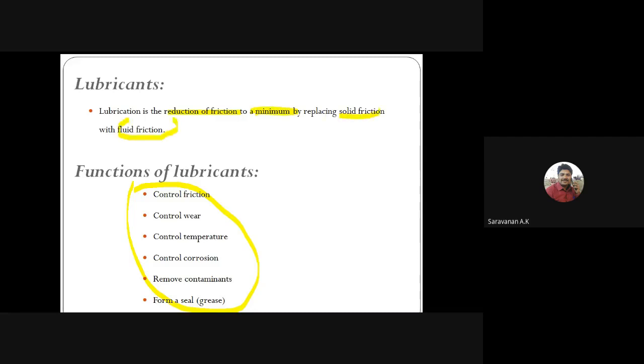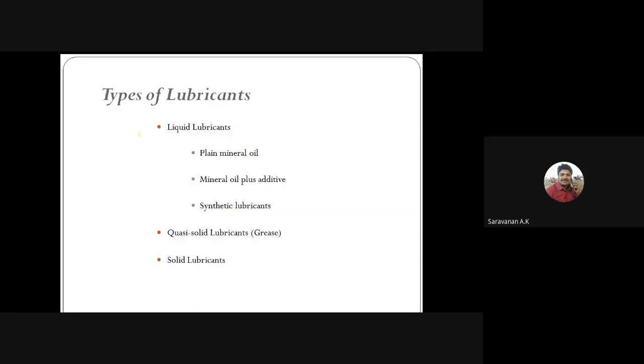So we have to convert whatever the friction is into fluid friction, and in the fluid friction we are mostly using the liquid lubricants, right?